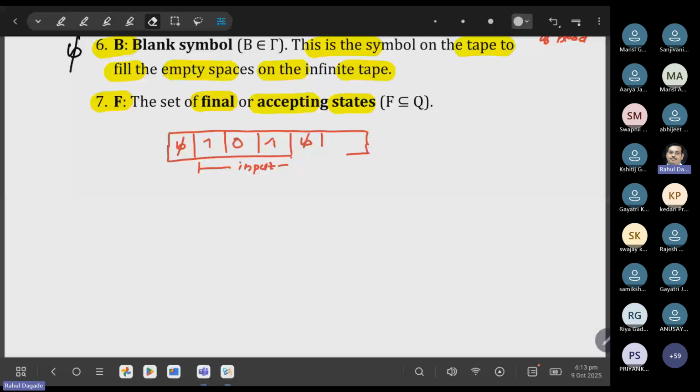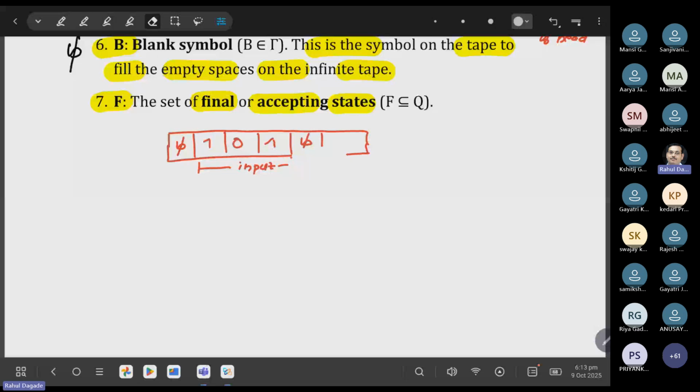Now it can update, or replace 1 by any other symbol based on our logic.